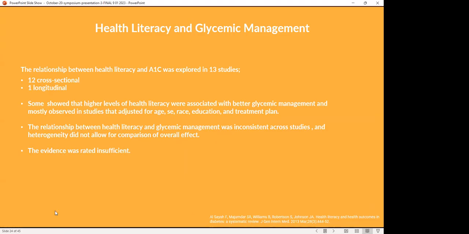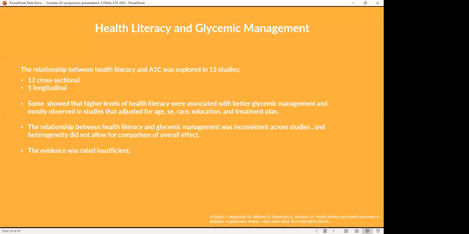So in this particular review on health literacy and glycemic management, the relationship between health literacy and A1C was explored in 13 studies, 2 cross-sectional and 1 longitudinal.